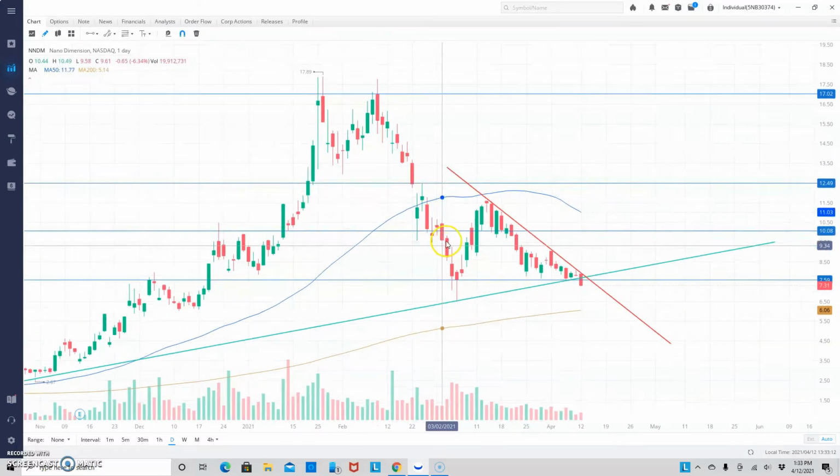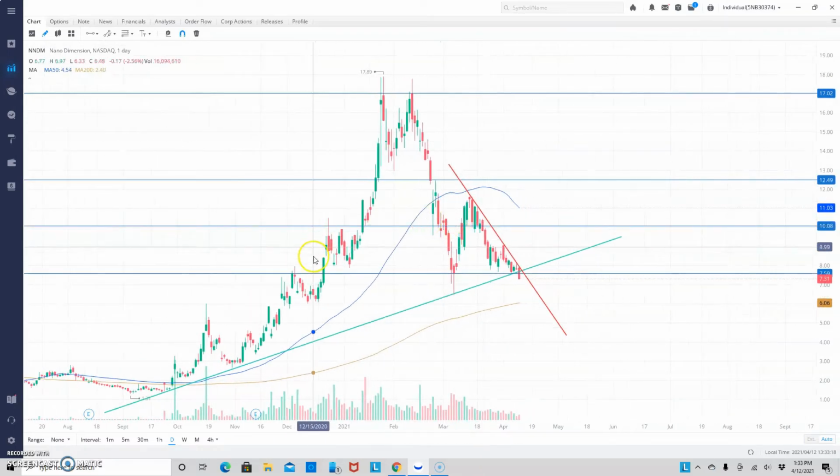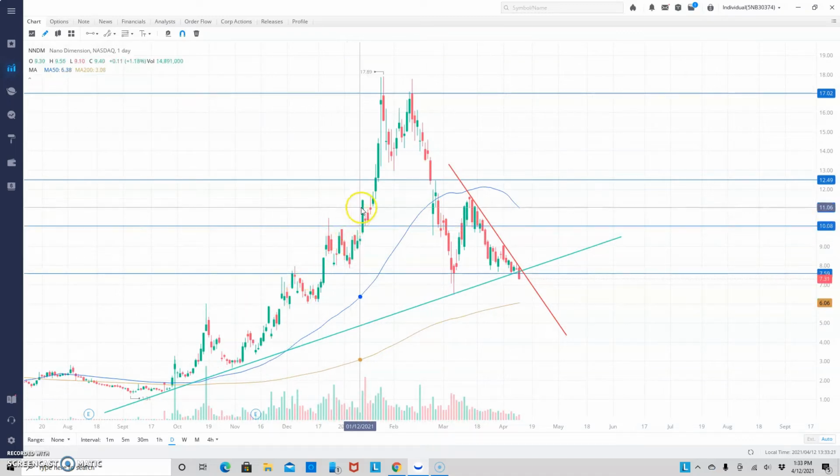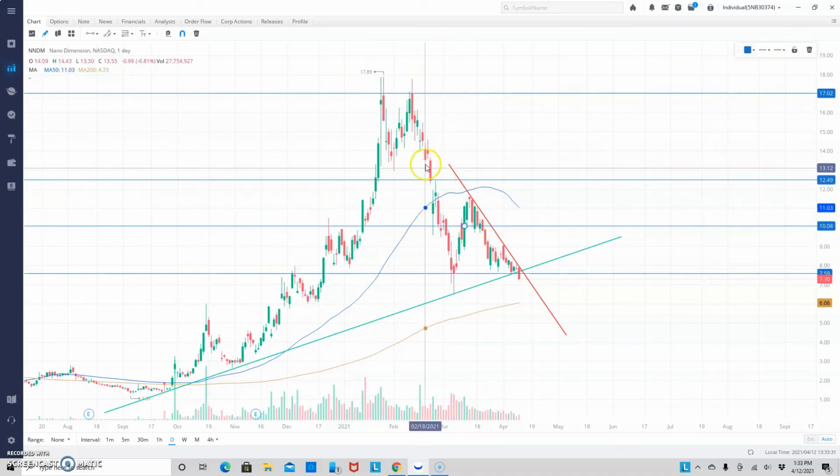Our next area of support was around this $10 range, okay? And that wasn't really strong support either, because when we were on our way up, you didn't really have too much of a fall and you didn't really test that support when it was going up. So you could see right here, it easily got broken as it was coming down also.